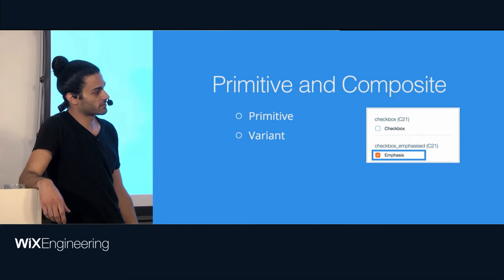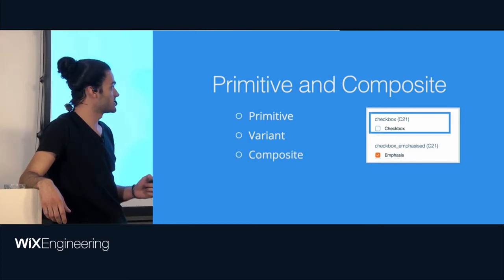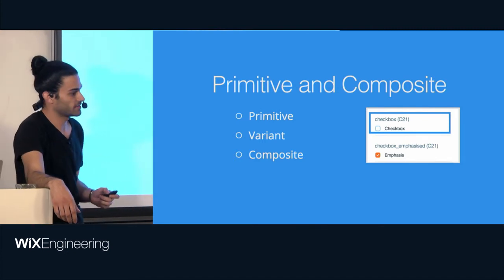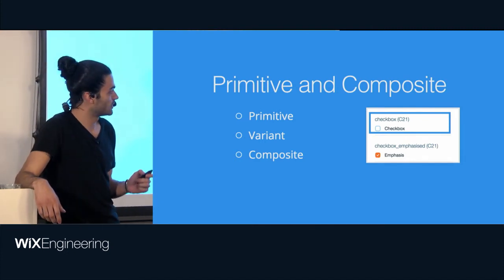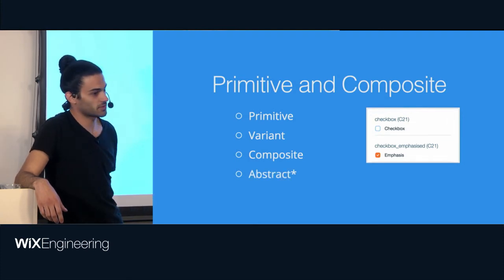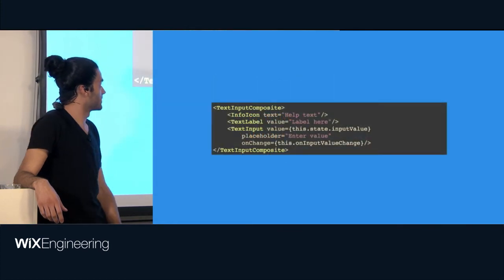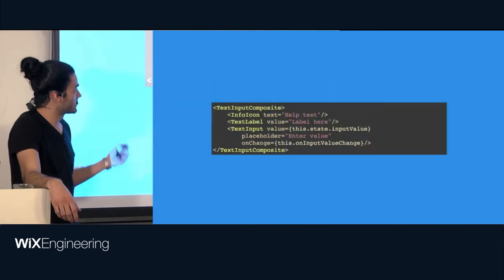This is a variant. It's a primitive with a known collection of props. And this is a composite. This is the layout entity of our UI library, and it puts everything where it belongs. And there's also abstract or prototype, which we use internally, and I'll talk about it later. So essentially it looks like this.